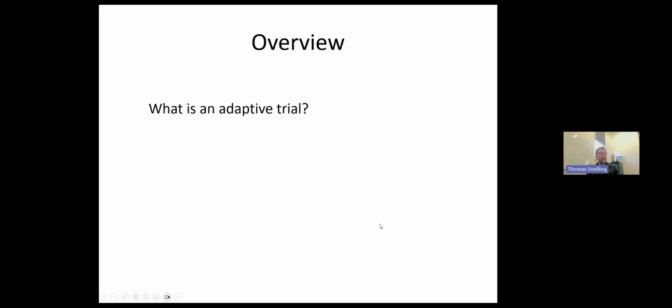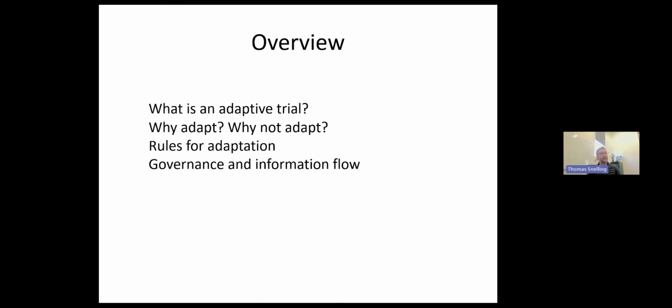I'm going to start by describing exactly what it is we mean by an adaptive trial, and what we don't mean by an adaptive trial, why people might want to use adaptations or plan adaptations, and arguments for not adapting. Then I'll talk about various rules for adaptation and how those rules are determined. Julie will then talk about specific governance and information flow considerations for adaptive trials.